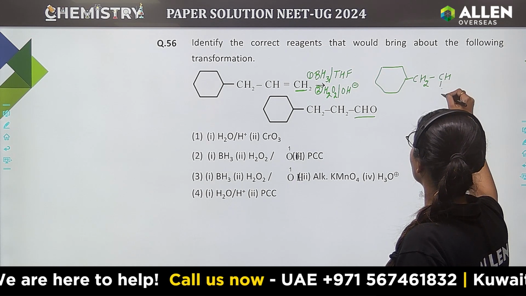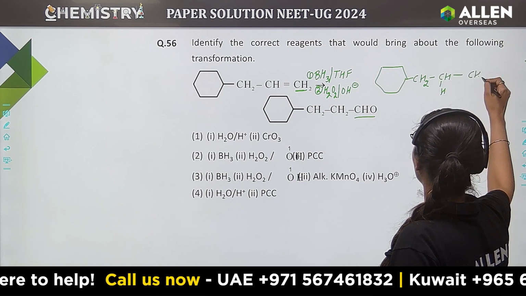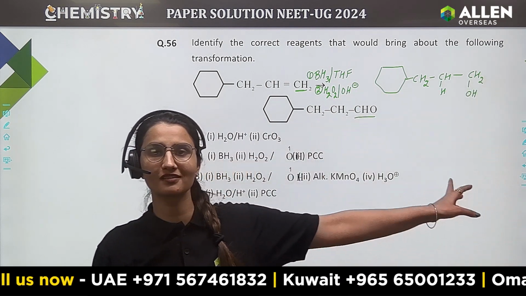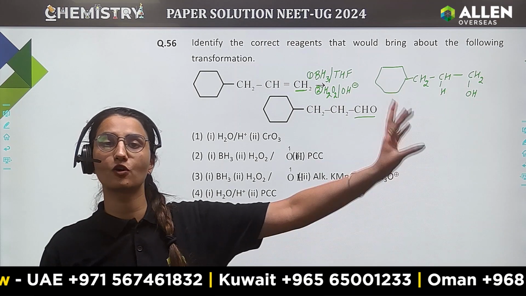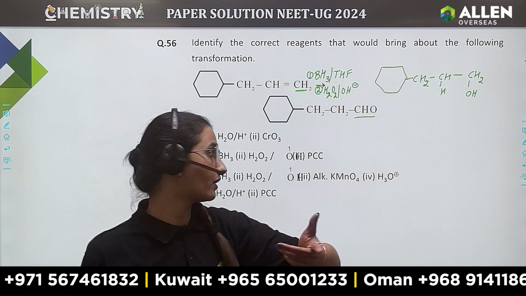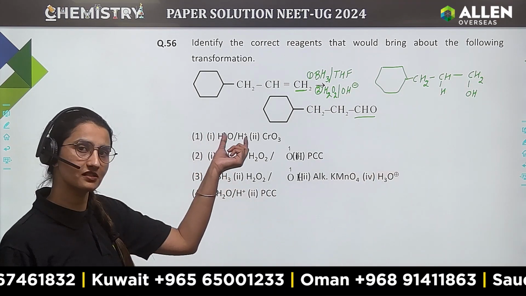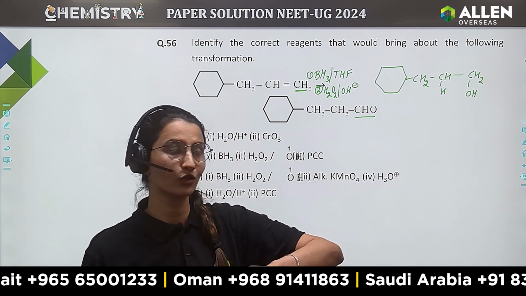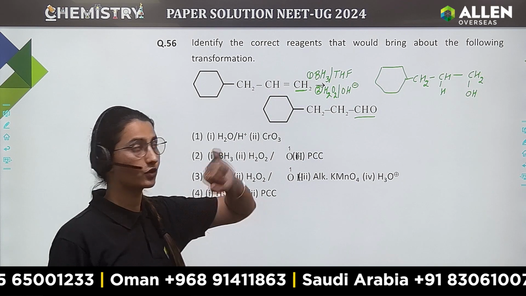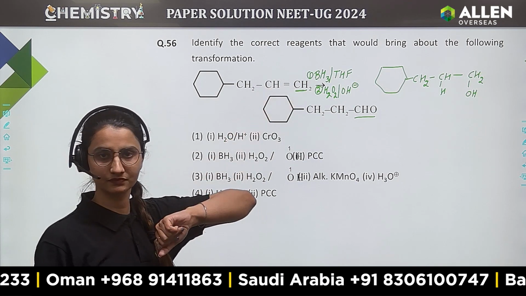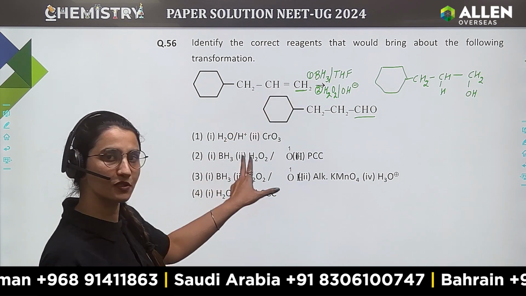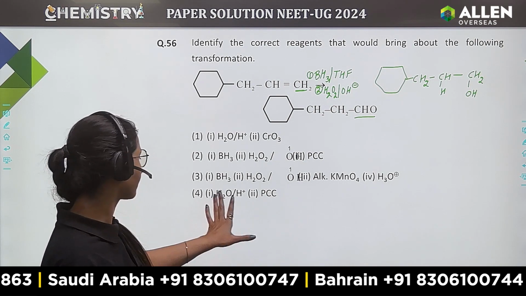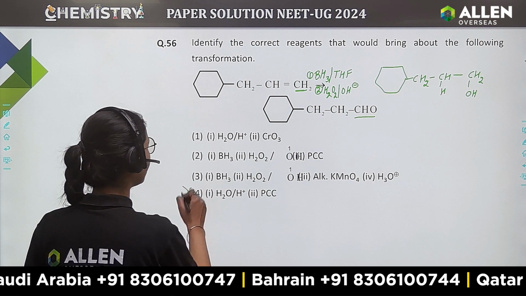Yes, one H here and OH here. Clear? This is the anti-Markovnikov product. Because if I would have just added water, it would have followed Markovnikov addition. OH would have come on this carbon because the carbocation is more stable here. Two options are of BH3·THF, hydroboration oxidation. And the last also has direct water. So these are directly excluded.